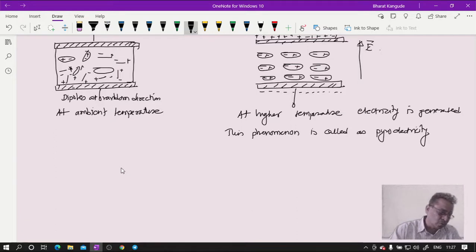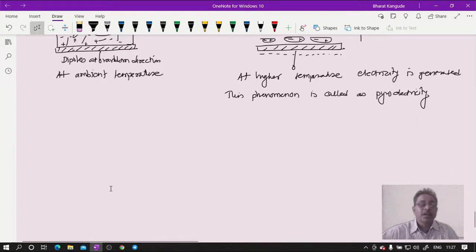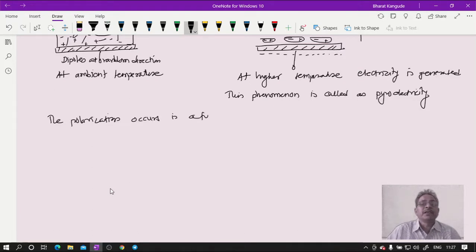Now there are several different types of sensors and parameters, and one of those parameters we are going to write here. We'll write here the polarization. The polarization that occurs is a function of the temperature of the object.